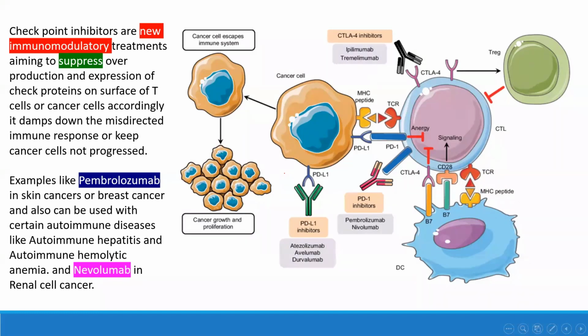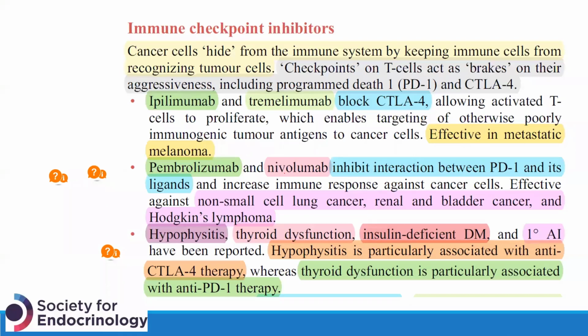So immune checkpoint inhibitors are 3 categories: drugs that inhibit PD-L1 like avelumab, drugs that inhibit PD-1 like nivolumab, and drugs that inhibit CTLA4 like ipilimumab. Actually, drug names are difficult to spell, so after some time you will find it is just the names, know the names. So this is from Oxford, the 4th edition.